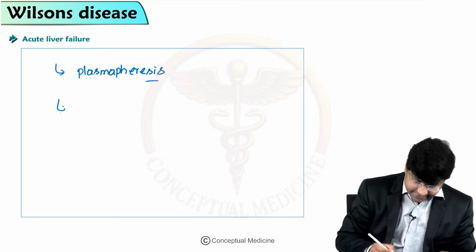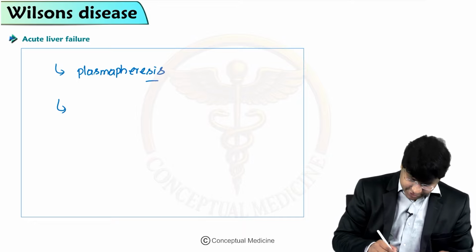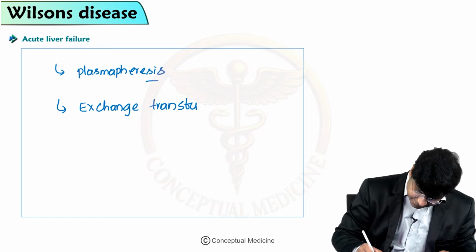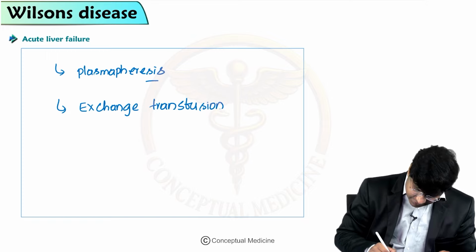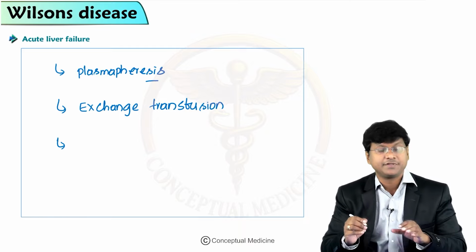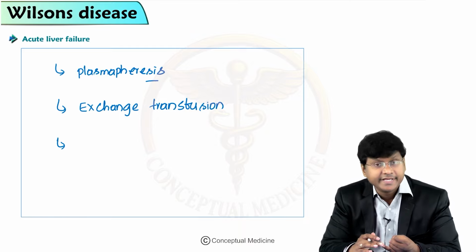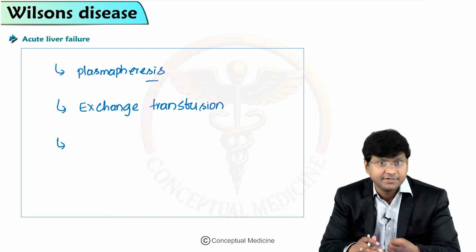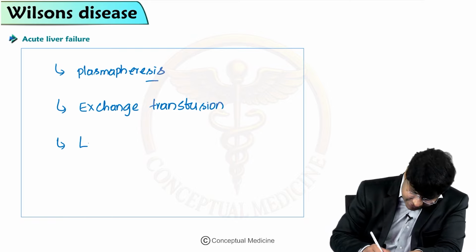Then exchange transfusion. And the other aspect of the treatment or alternative treatment is the hemofiltration or dialysis may be performed while awaiting the liver transplantation, right? So these patients ultimately they require liver transplantation.